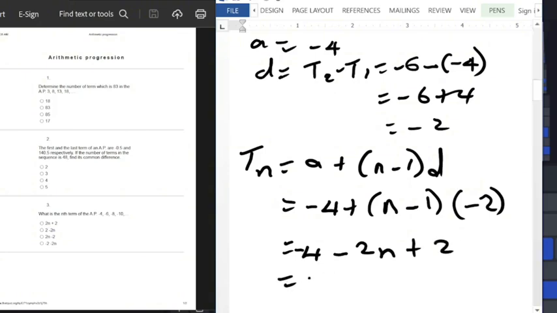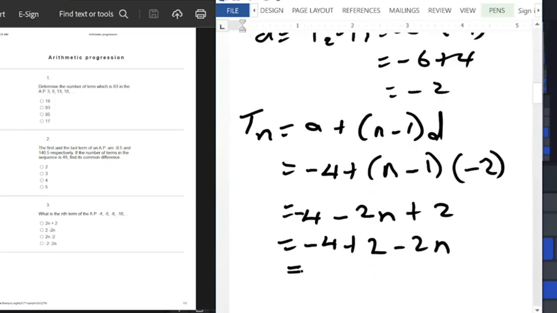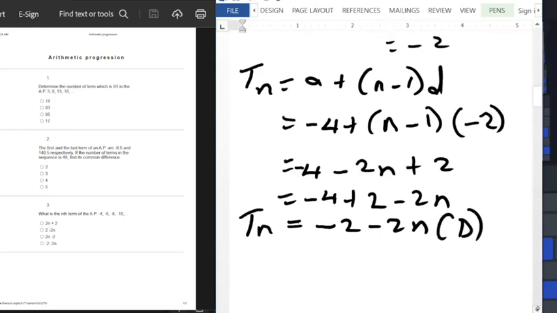So we now have minus 4 plus 2 minus 2n. So the answer is minus 2 minus 2n. The nth term formula Tn equals minus 2 minus 2n. That is option D. Then number 4.